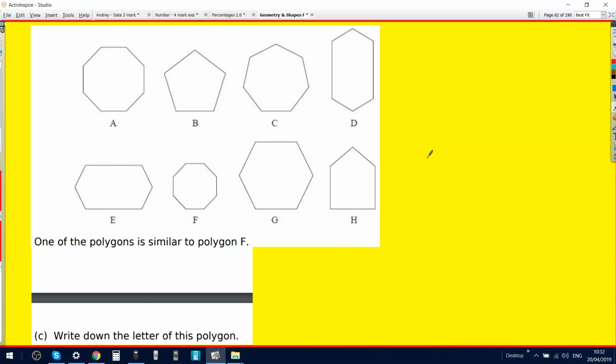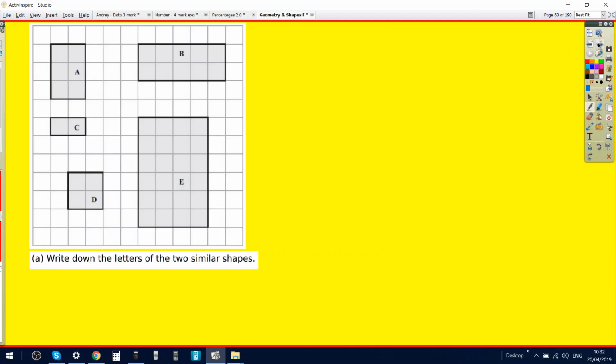Oh, I didn't see that. So F could be the same as... I'm not sure. Is it A? Yeah, it's A. So it's not congruent because it's bigger. It's similar because it's an enlargement.